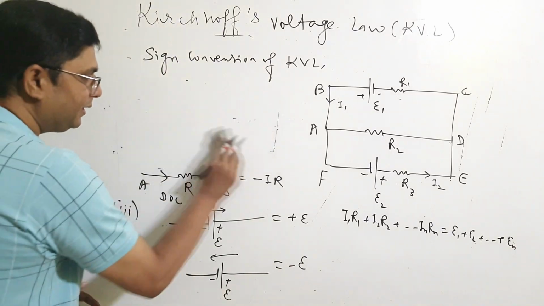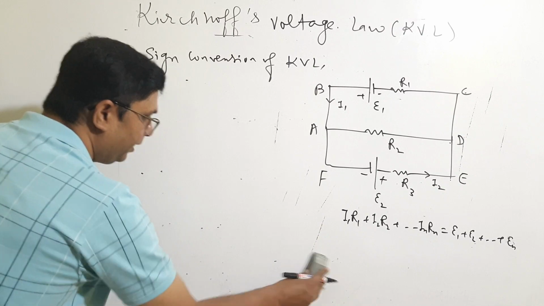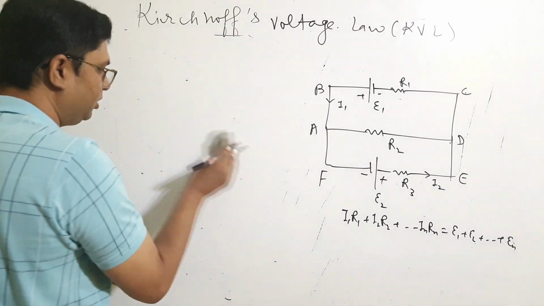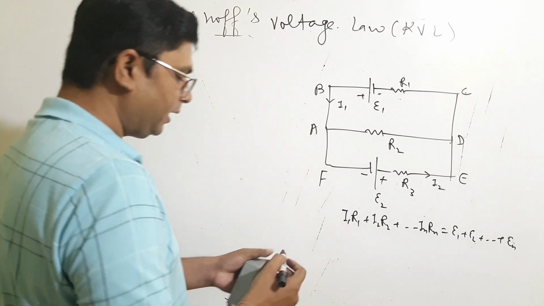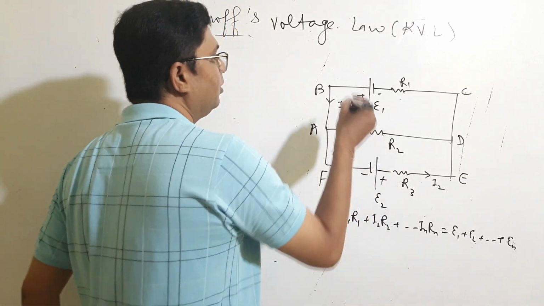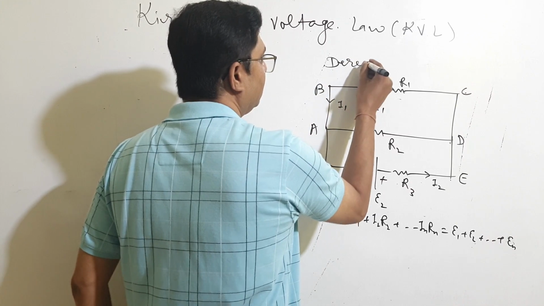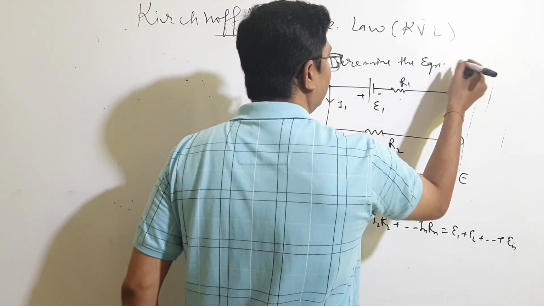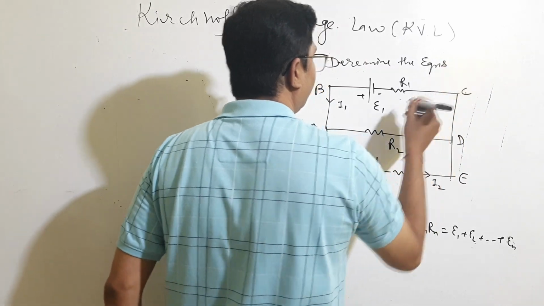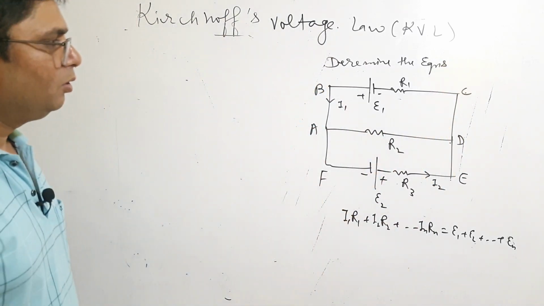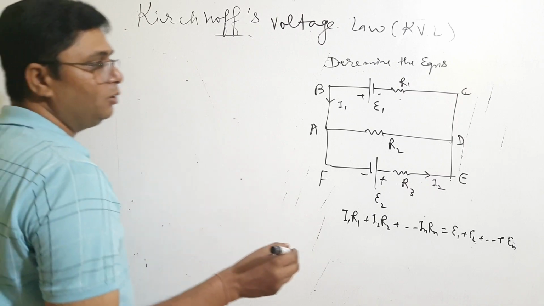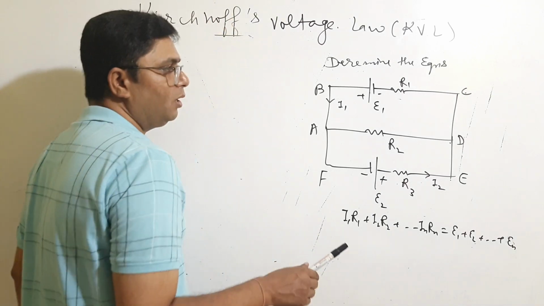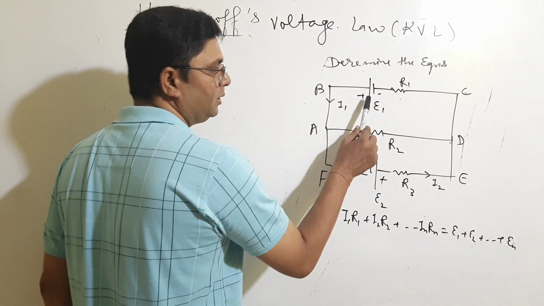Now let us apply this sign convention and determine the equations from this diagram. What does the question say? The question says determine the equations from this diagram. First of all, I use KCL, Kirchhoff current law. The current from this positive side is coming.